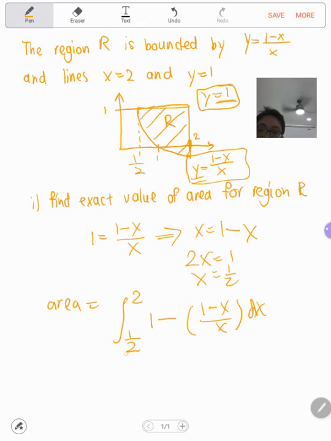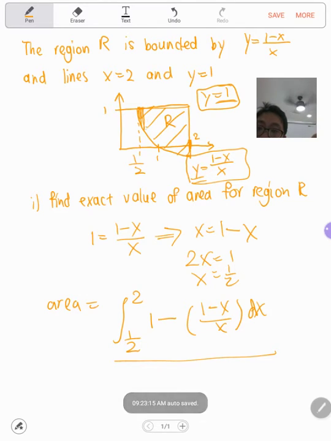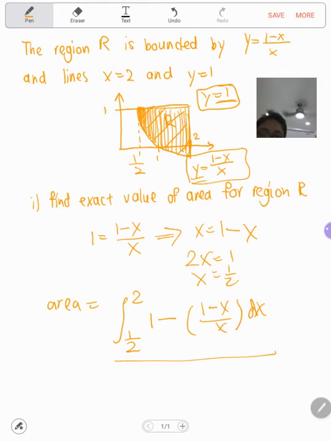What happens with this integration is that we are summing up infinitely thin lines. We take the upper curve minus the lower curve, so we get the length between the two curves for each value, and then we sum them up. That's the meaning of integration.